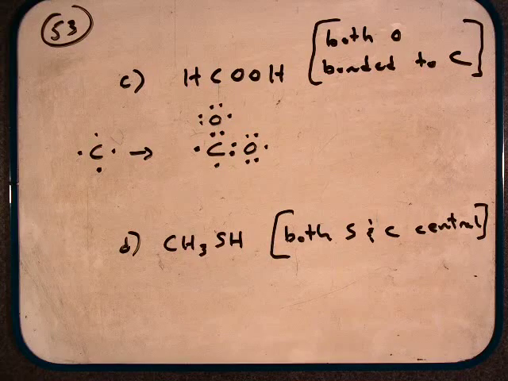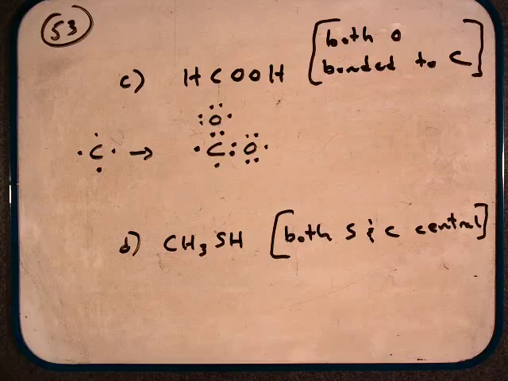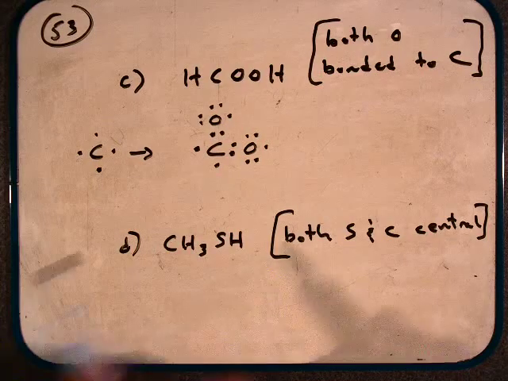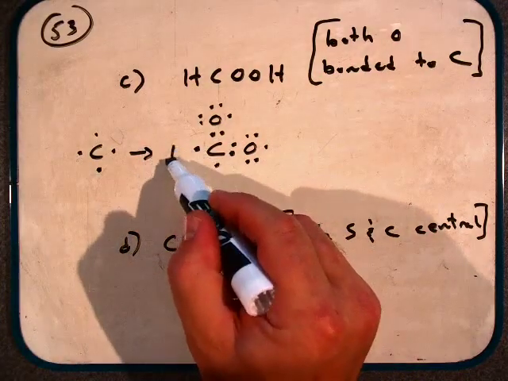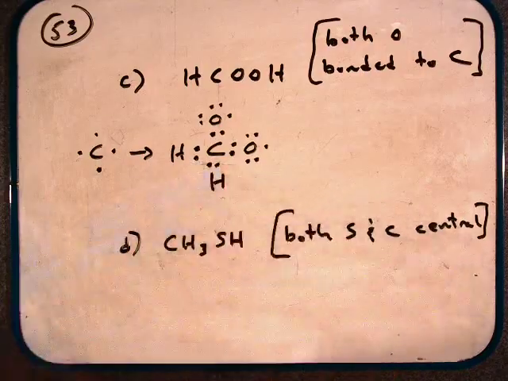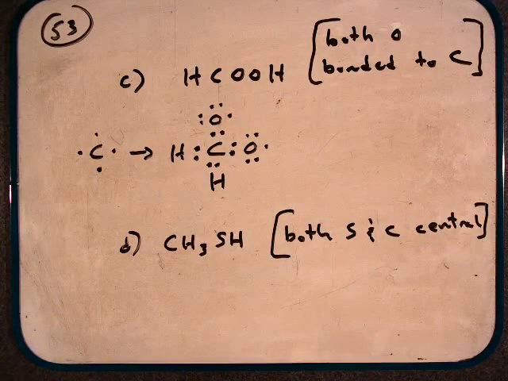Our carbon still isn't happy yet. It now has 6 electrons around it, and so it needs to have 2 more. And so one thought process might be to put a hydrogen here and a hydrogen at the bottom. That is incorrect. We have a problem if we look at the structure.